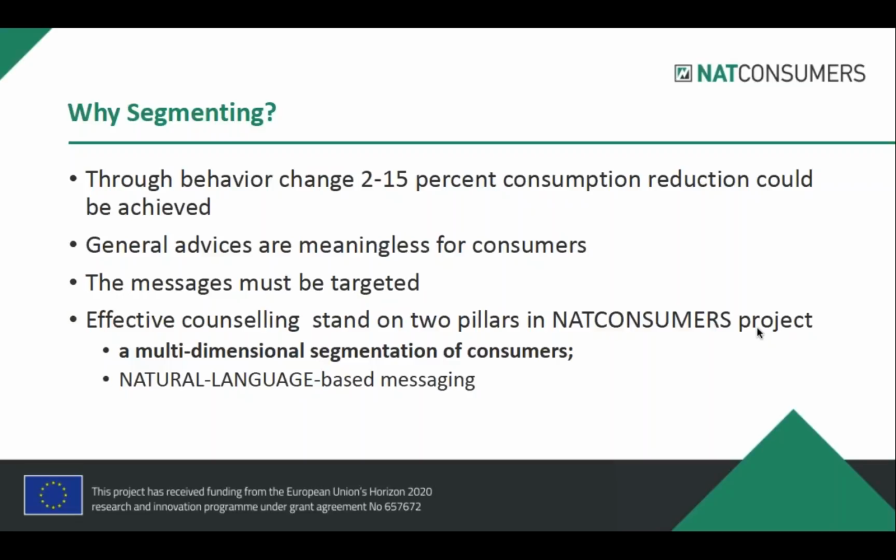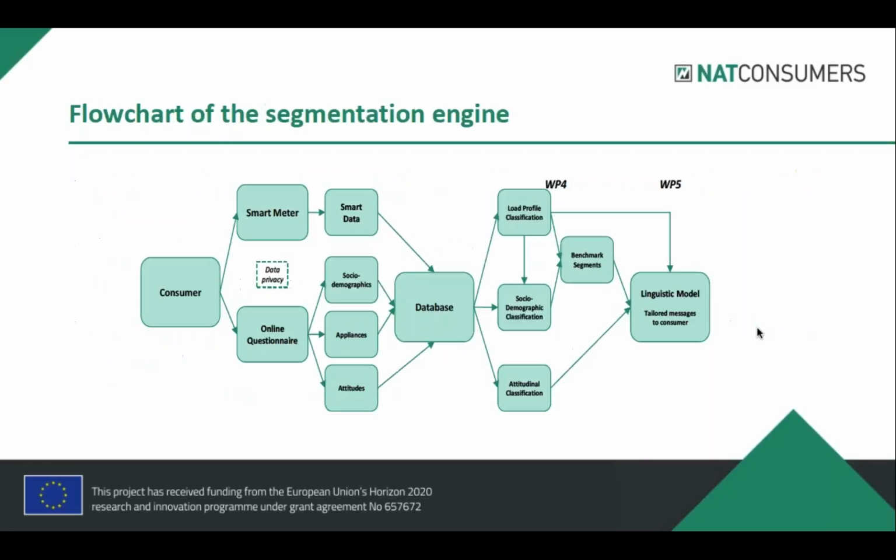This effective counseling stands on two pillars in this Natconsumer project. One is a multidimensional segmentation of consumers, which I will focus on in this presentation. And the second pillar is natural language based messaging, which will be presented in the next presentation by Alex.